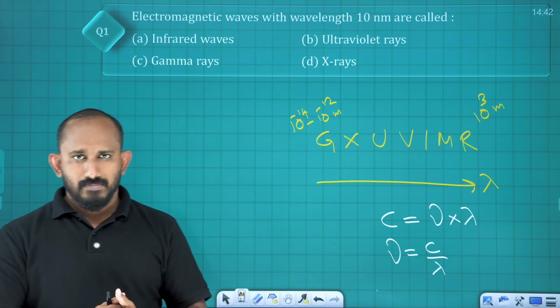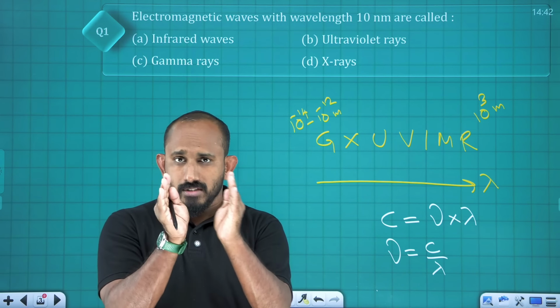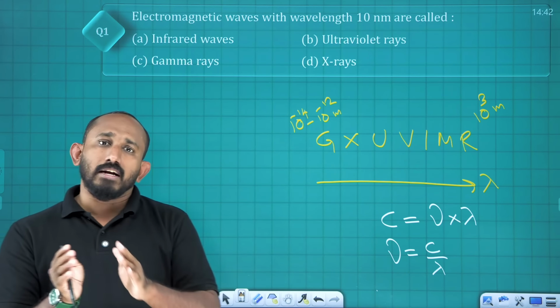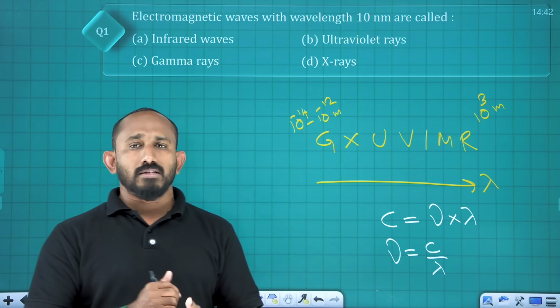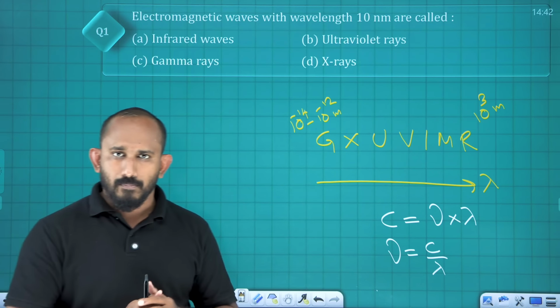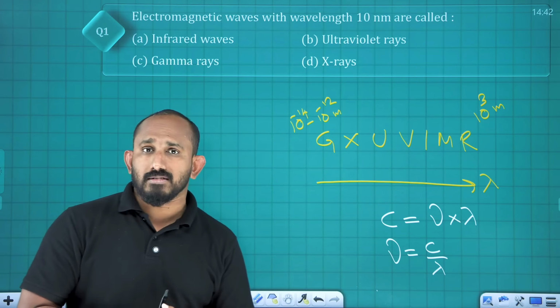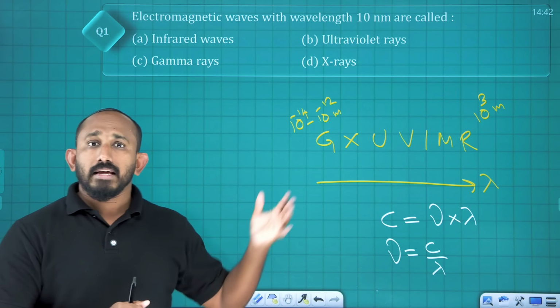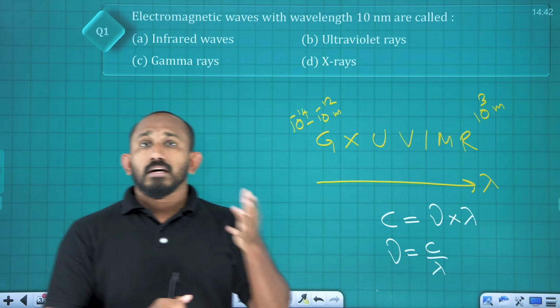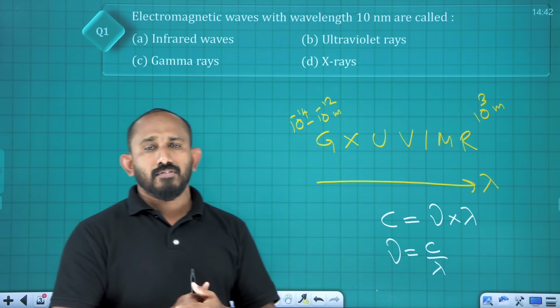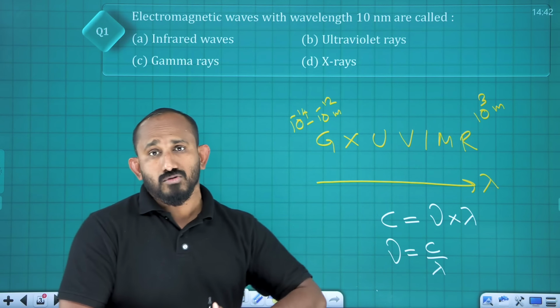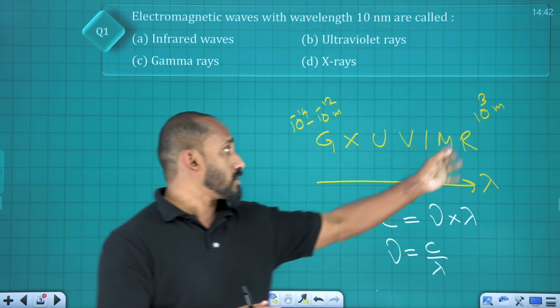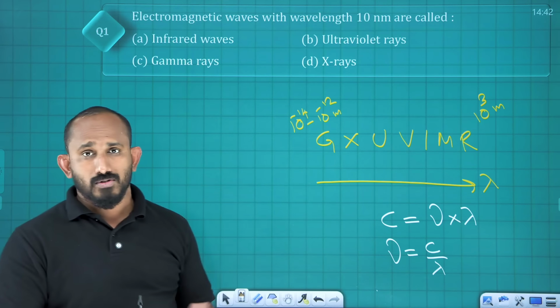Then visible light has 400 to 700 nanometers, or 4 into 10 raised to minus 7 to 7 into 10 raised to minus 7 meters. Then infrared has around 10 raised to minus 3 meters. Then microwave has 10 raised to minus 1 meter, around 10 centimeters. Then from 10 raised to minus 1 to radio wave we have 10 raised to 3 meters.